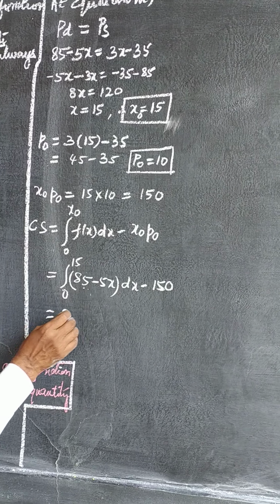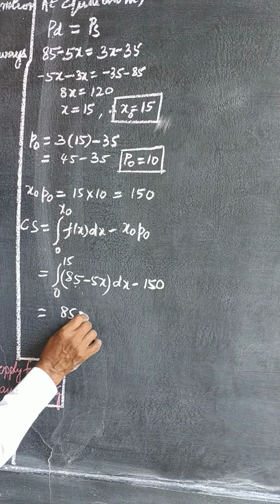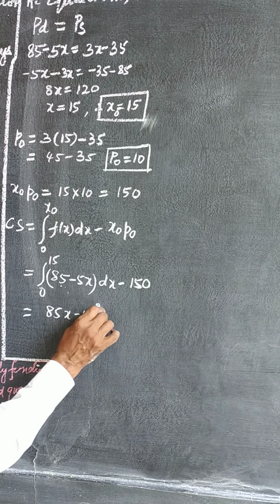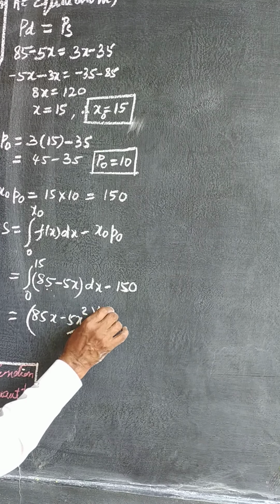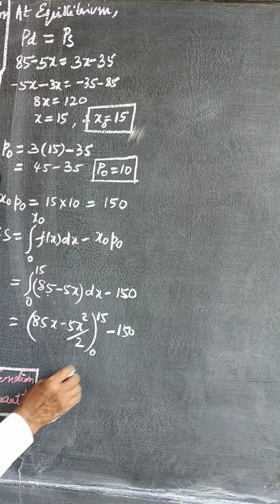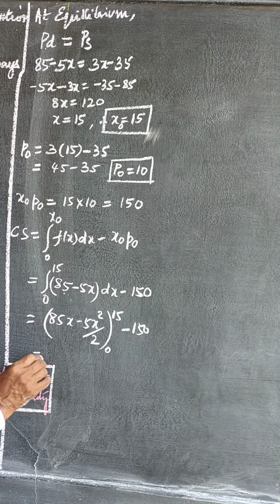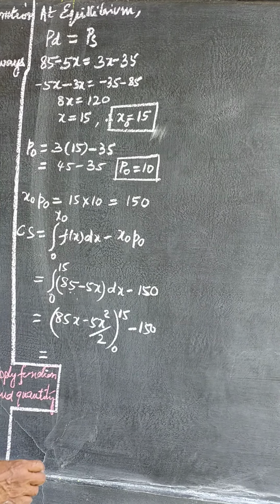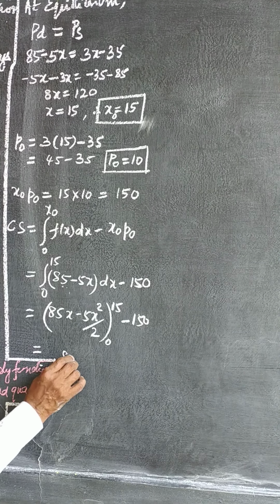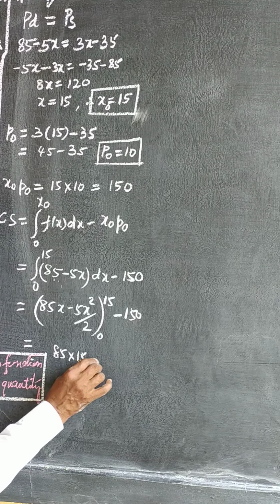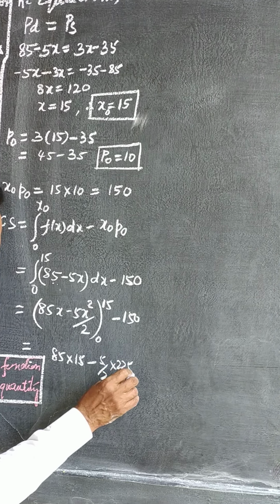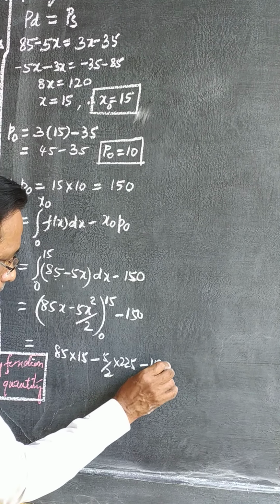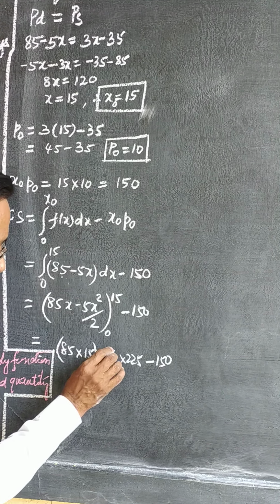So producer demand should be taken as f(x). Now on integration, 85x minus 5x square by 2 from 0 to 15 minus 150. On simplification we get this is equal to 85 into 15 minus 5 by 2 into 225 minus 150.